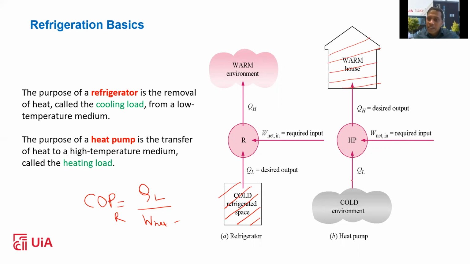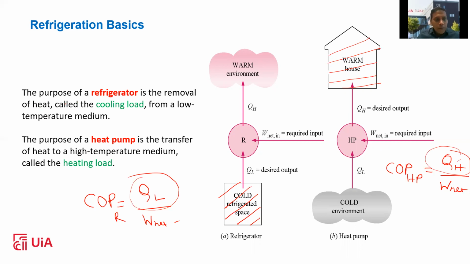The COP for the heat pump would be QH divided by W net. So the desired output for the refrigerator is QL, however for the heat pump, it would be QH.